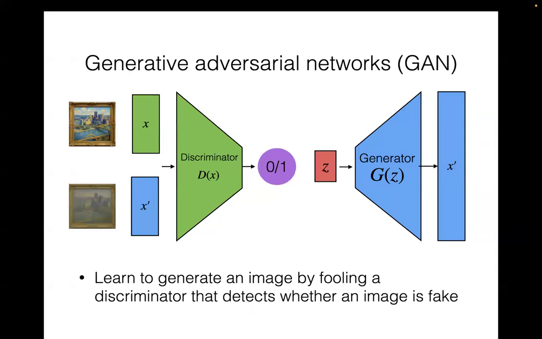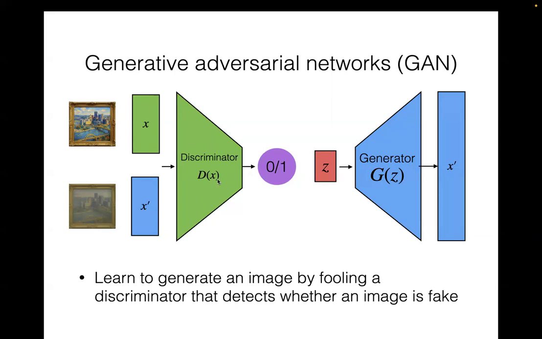Okay, generative adversarial networks is also something different. Here they come up with a two-player game, and it's kind of clever. Now you have a discriminator and you have a generator. The discriminator can get a real image or a fake image, which was generated by the generator.